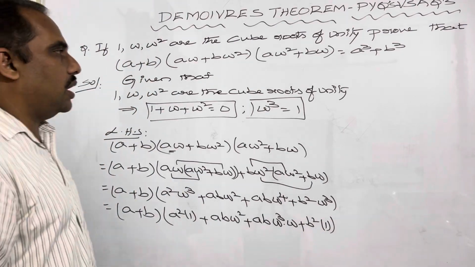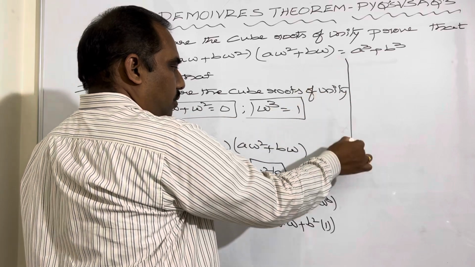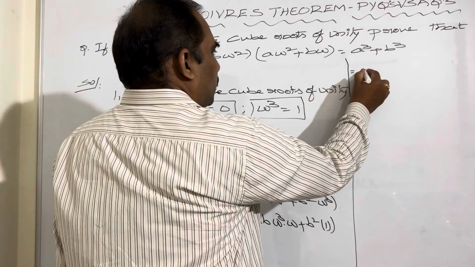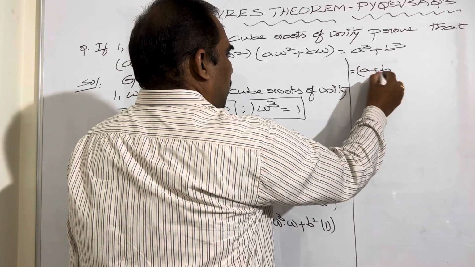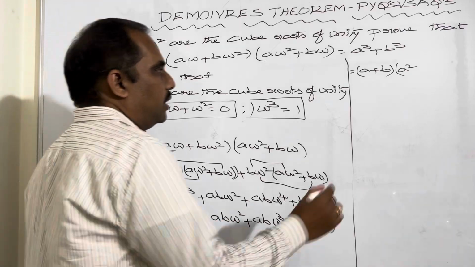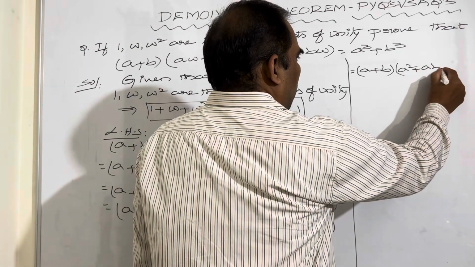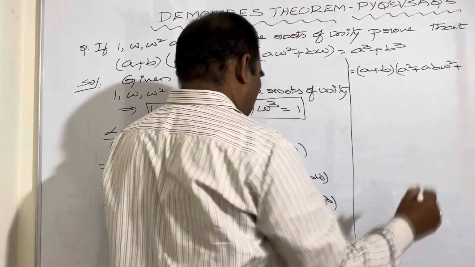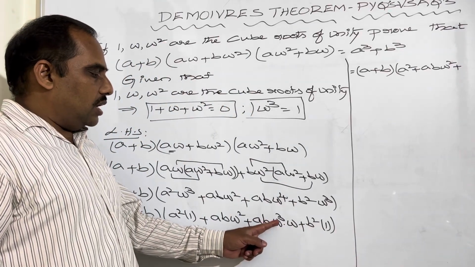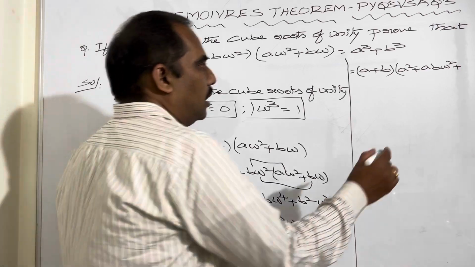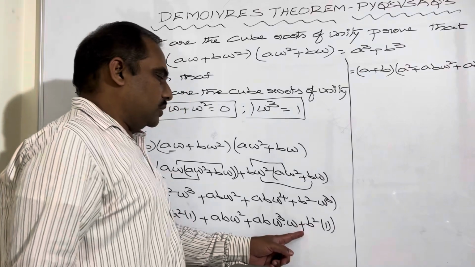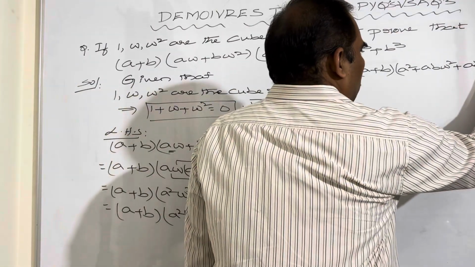So we have a plus b into a square, plus ab omega square as it is, plus ab omega cube is 1, so ab into 1 into omega, that is ab omega, plus b square into 1, so that is b square.